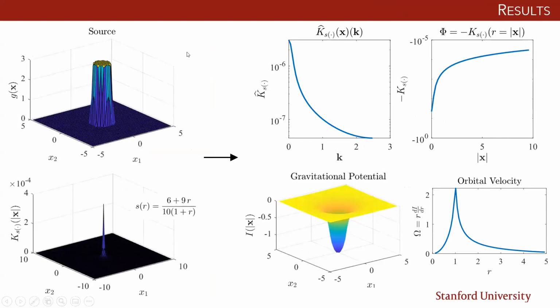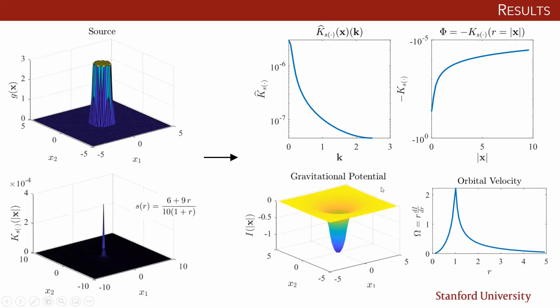So these are just a few of the results. This is the source that the user would input, let's say a sphere centered at the origin. This is the kernel that is going to be convolved. Then we would return, this is just the same kernel in 1D, its Fourier transform here.